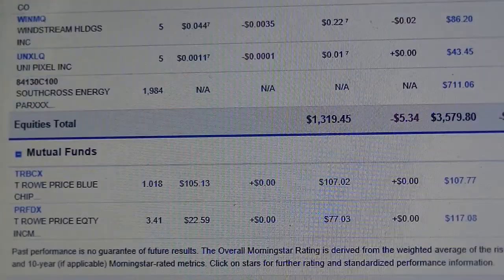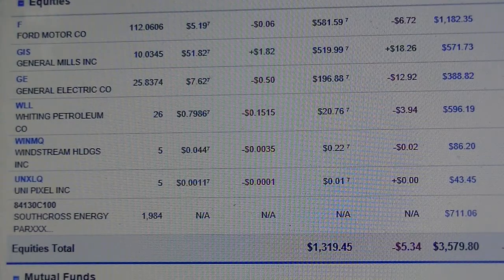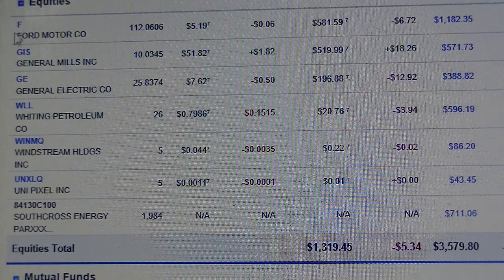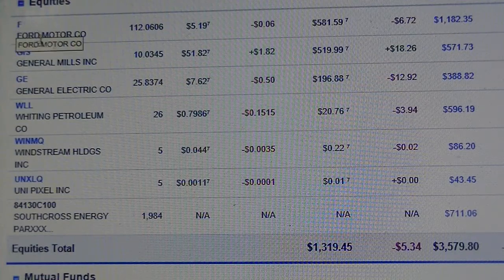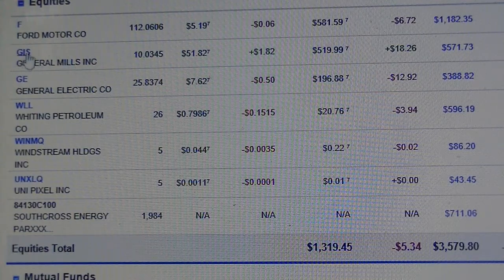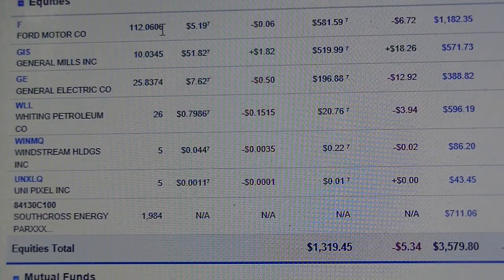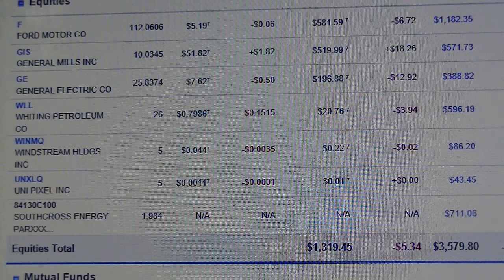I'm just going to see the stock that I'm going to invest in. Many of my stocks are very down, but I have the choice here between Ford and GIS. GIS is performing very well during this moment, but I don't have a lot of money to spend, just $200. Ford is $5.19, quite on the low side, but the dividend is 11%.